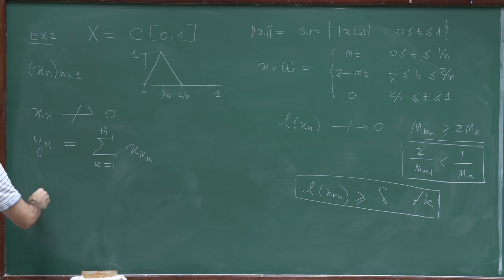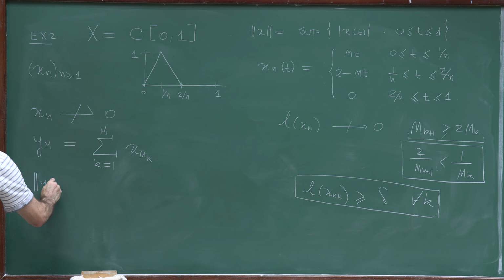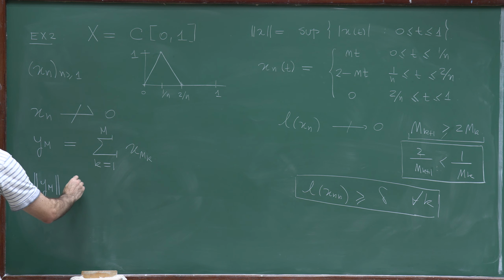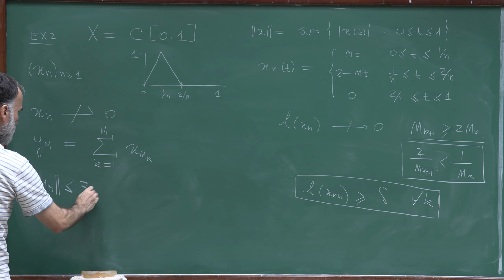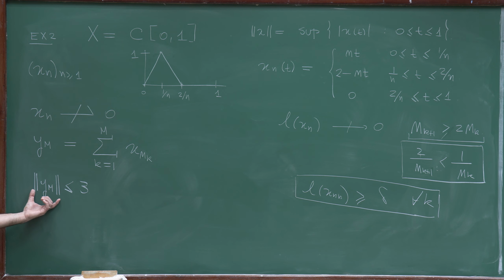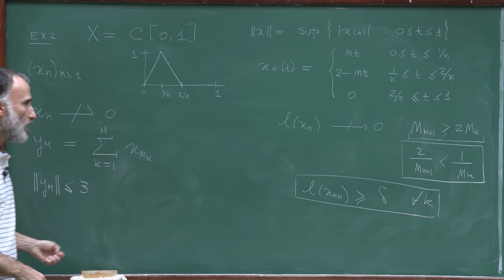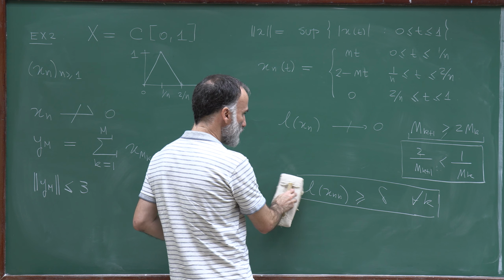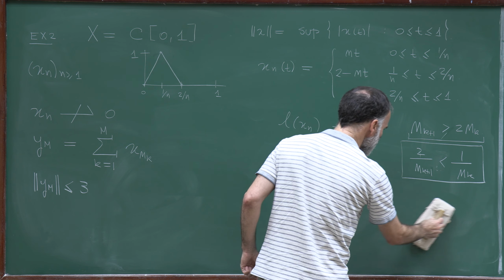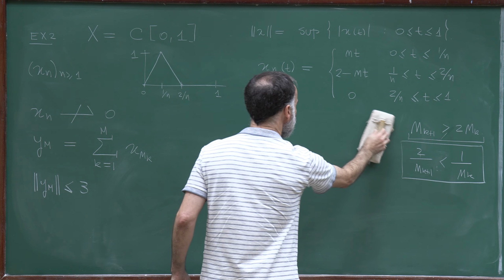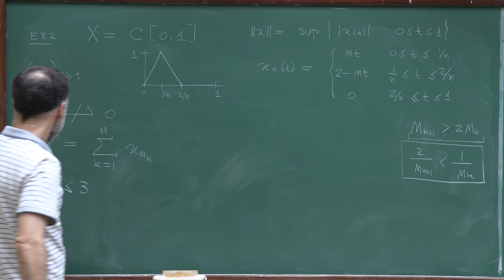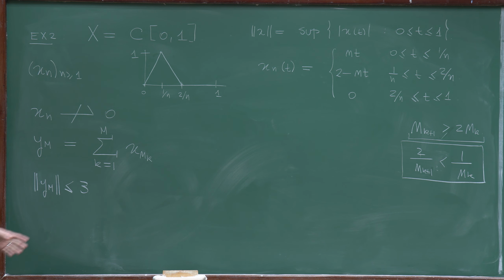And what I claim is that y_m is bounded by 3. I want to prove that the uniform norm of y_m, uniformly in m, is bounded by 3. And for that, I won't need this inequality, so I just erase it, but I will need it later. And so let me prove that y_m is less than or equal to 3.